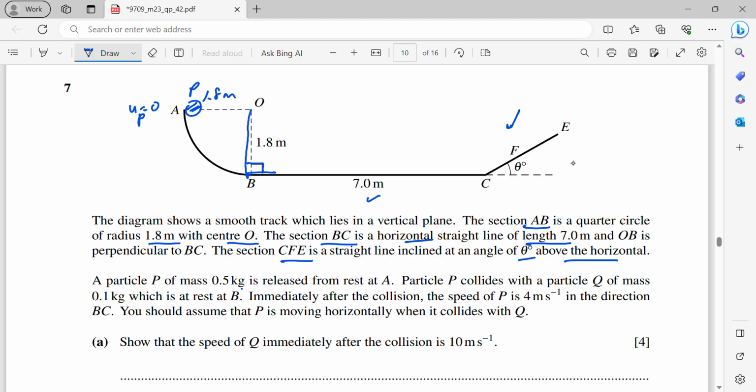Now, P collides with a particle Q of mass 0.1 kilogram, which is at rest at B. This is the particle Q. So M_Q is 0.1 kg and it is at rest, so U_Q is 0. M_P is 0.5 kg.